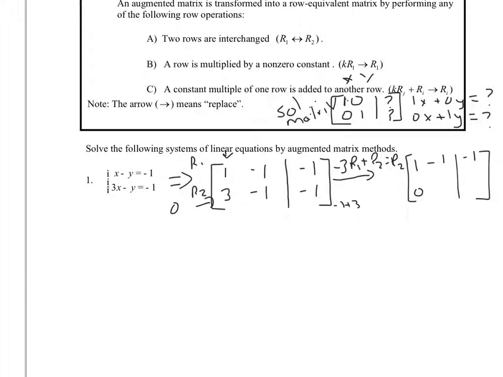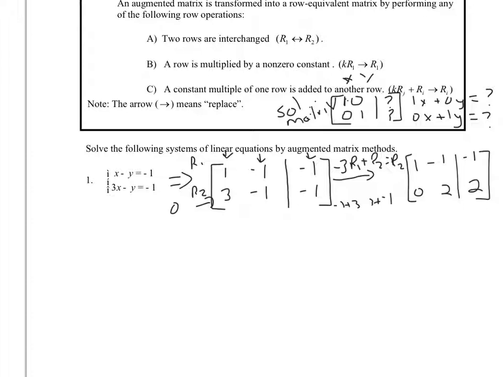If I'm multiplying -3 on the top row, -3 times -1 right here would give me a +3 plus a -1, which is going to be a +2. And then I have to do the same with this term. So I'm going to multiply a -3 times a -1, and I'm going to get a +3 plus a -1, same thing I had here, and I'm going to have a 2 there.